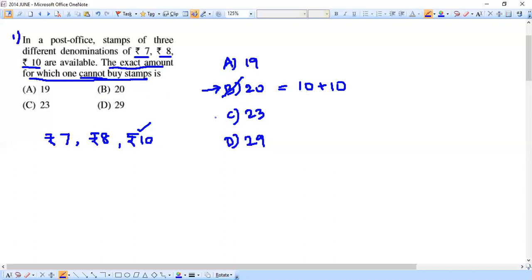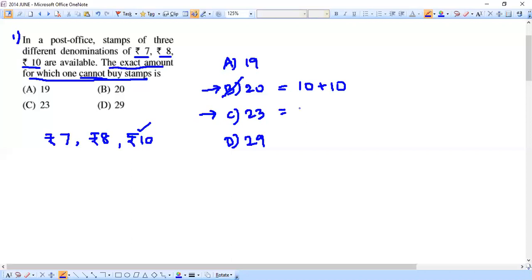Same way, we'll have to test the other options also. What happens is we'll be able to eliminate 3 options like this, and there will be only one option left over, and that becomes our final answer. Let's think about option C. So we have 23 here.